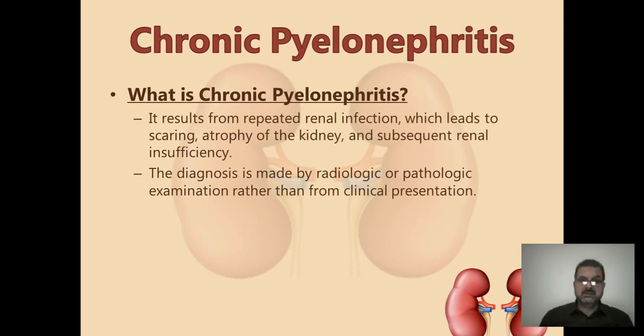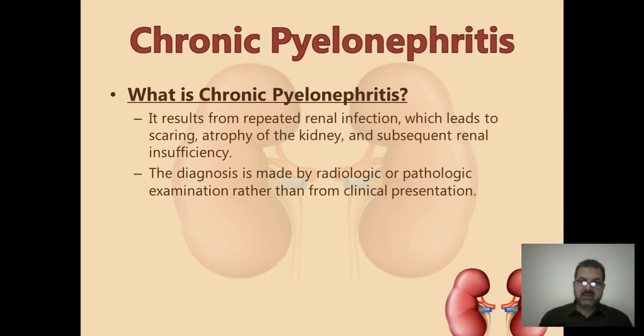Chronic pyelonephritis results from repeated urinary tract infection that can cause scarring of the kidney and atrophy of this kidney. In the end, it will lead to impaired kidney function or renal insufficiency.